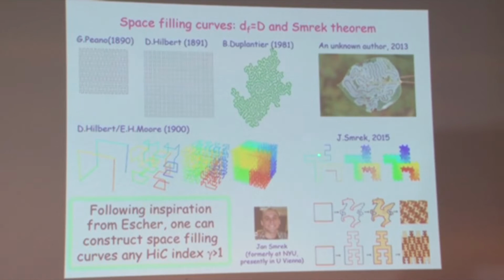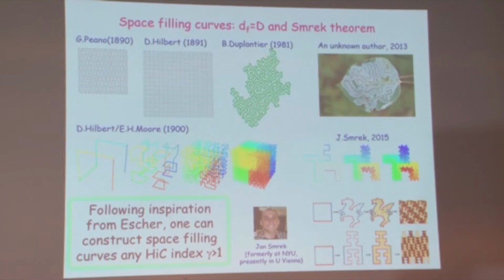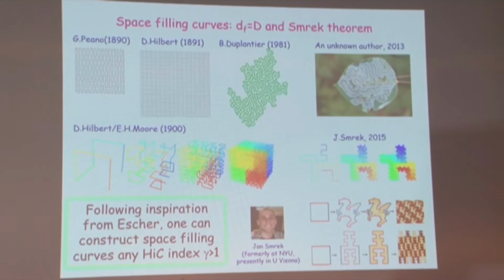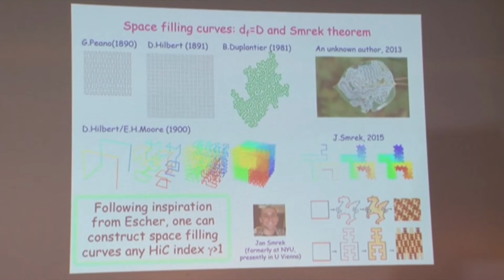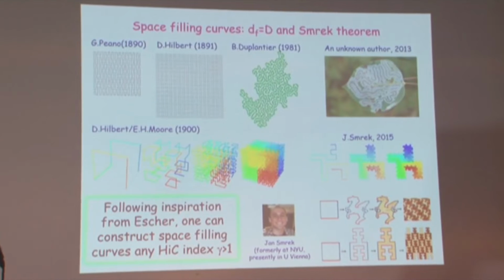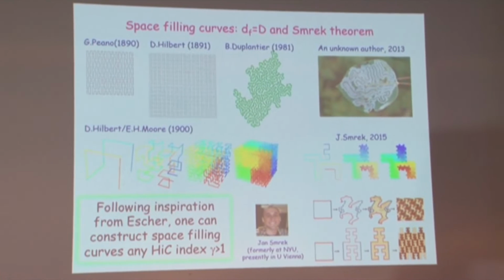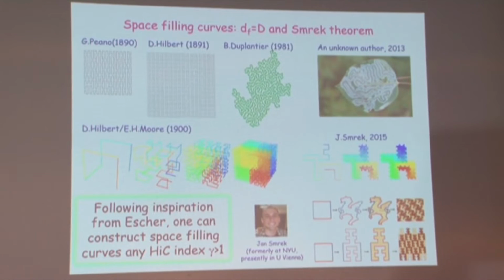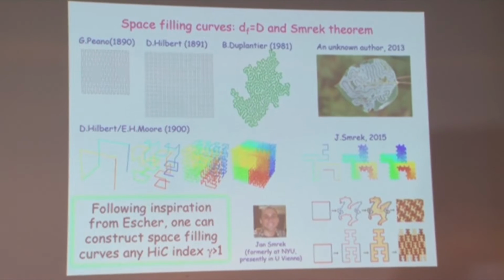And Jan Smrek was also inspired by Escher drawings. And he was able to prove essentially the following statement. If you are given a Hi-C signal, then the theorem says that you can construct a space filling curve which will produce this Hi-C signal. Okay?